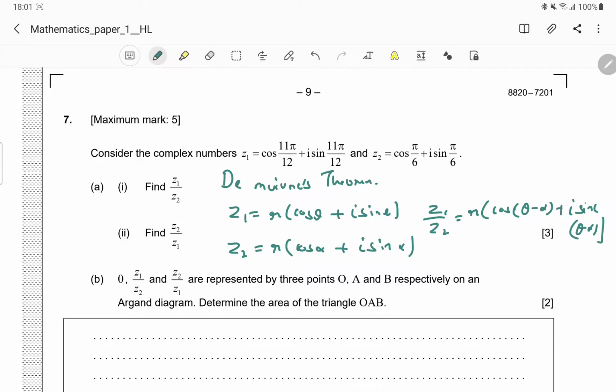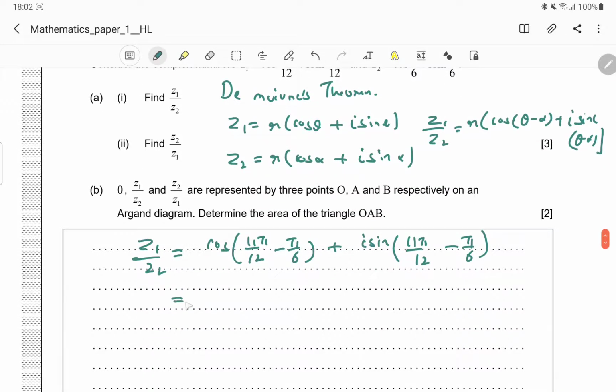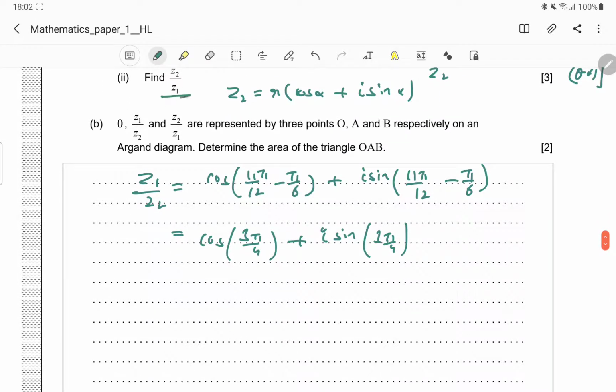So we use the same theorem here. So z1 over z2 will be cos of 11 pi by 12 minus pi by 6 plus i sin of 11 pi by 12 minus pi by 6. We'll simplify this. So it will be cos 3 pi by 4 plus i sin 3 pi by 4.